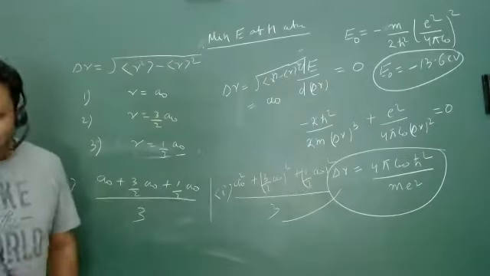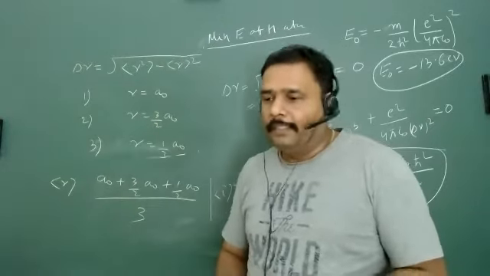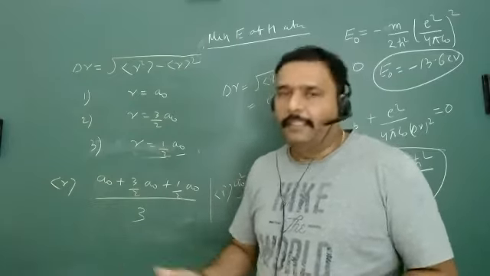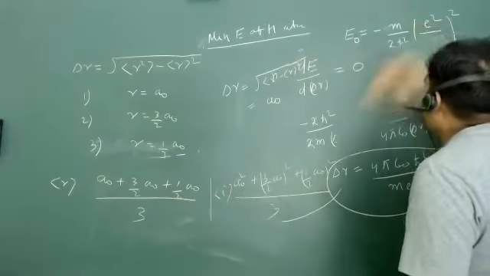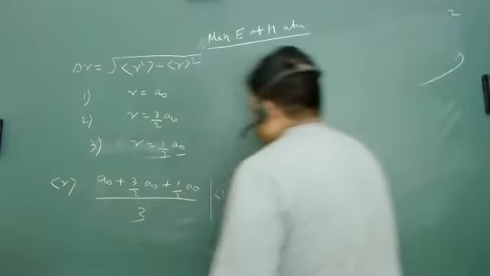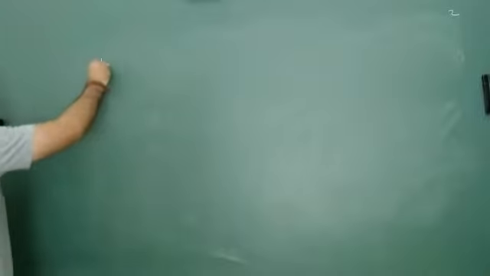So let's try to figure it out for the harmonic oscillator also. What will be the energy from the uncertainty principle for the harmonic oscillator? Let's try to figure it out. Now, what is the energy for the harmonic oscillator?